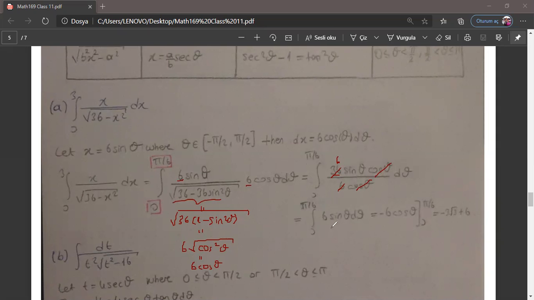So it is minus 6 cosine theta from 0 to pi over something. I forgot about it. So we change, of course, the boundaries. If we set x equals 0, you get 0 there. And if x equals 3, you get 1 over 2 equals sine theta, and you know the boundaries, so you get this, okay? Finally, we have this answer.